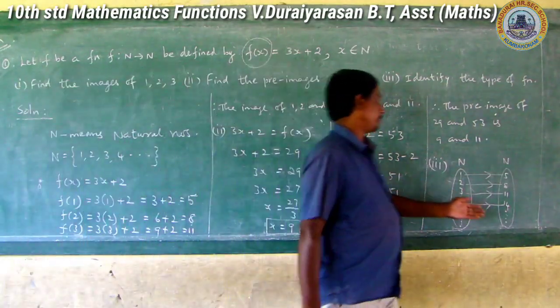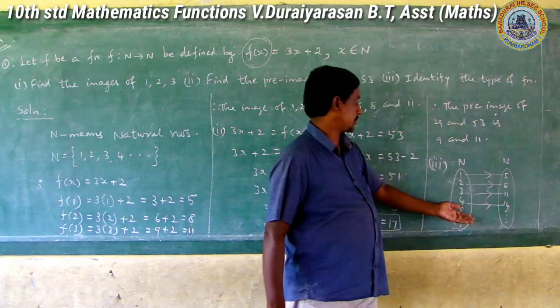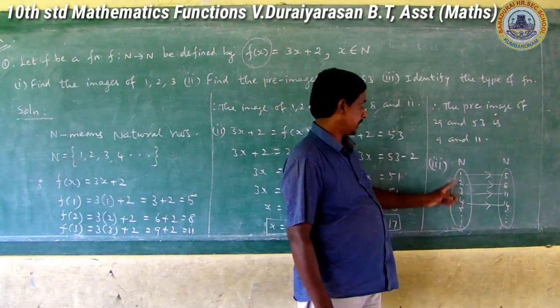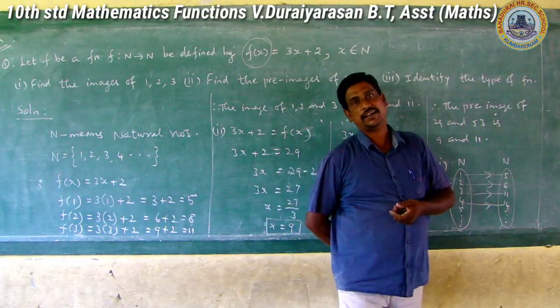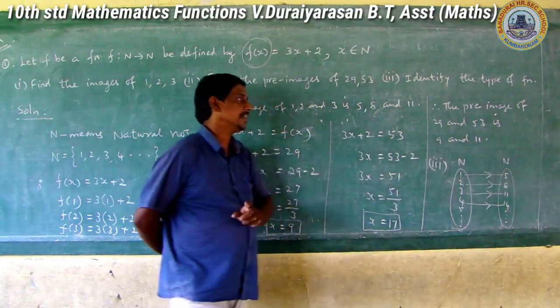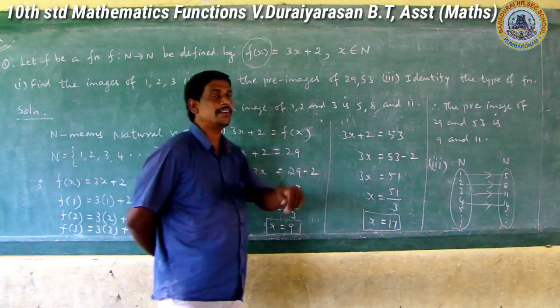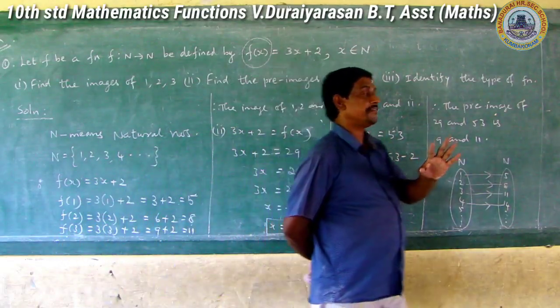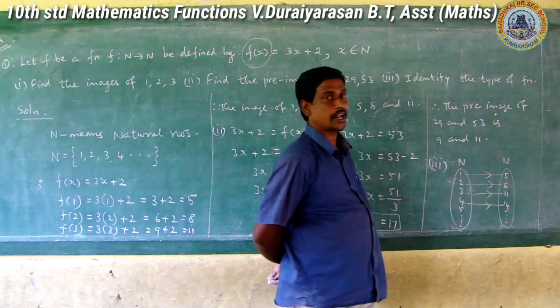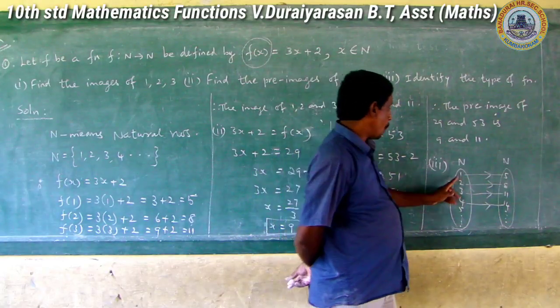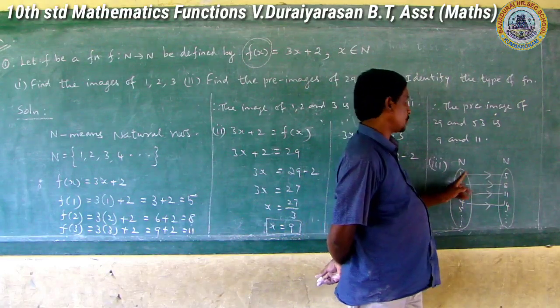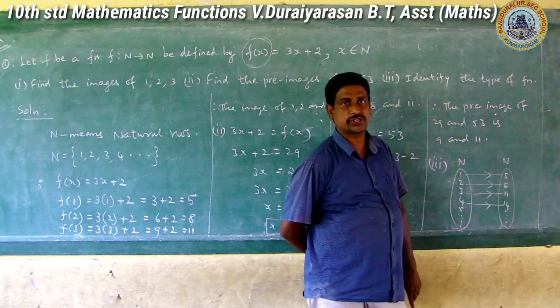What type of function is here? One-to-one function, many-to-one function, into function, onto function, constant function, or identity function? This is a one-to-one function. One pre-image is connected with one image.